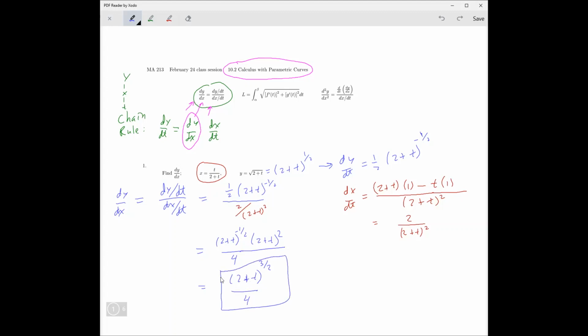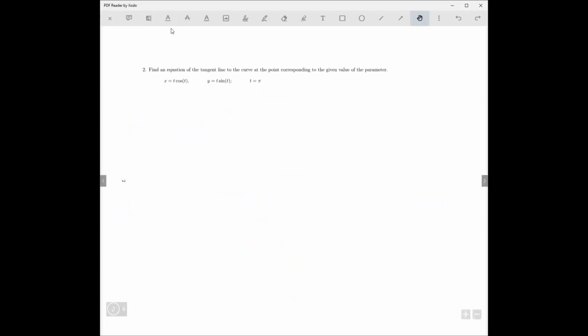Any questions about that? Okay, let's do another exercise, number 2. Find the equation of the tangent line to the curve at the point corresponding to the given value of the parameter.